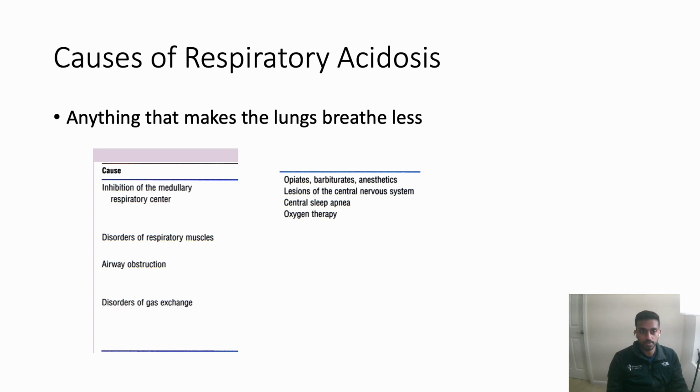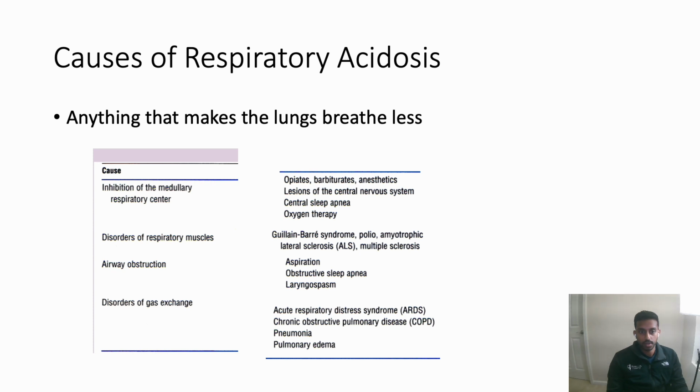Then disorders of respiratory muscles: Guillain-Barré syndrome, polio, amyotrophic lateral sclerosis, and multiple sclerosis. Airway obstruction includes aspiration, obstructive sleep apnea, and laryngospasm. Disorders of gas exchange include acute respiratory distress syndrome, chronic obstructive pulmonary disease, pneumonia, and pulmonary edema.